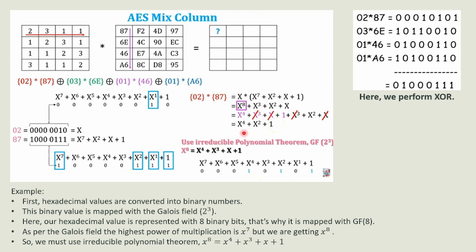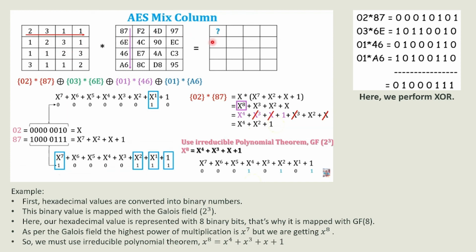Like you can see that if we have x4 plus x2 plus 1, then we can convert it to binary in this way. We do this for every number, and after that we will have four values, and we perform XOR operation between them, and finally this result will come. So the first cell of our matrix is generated.